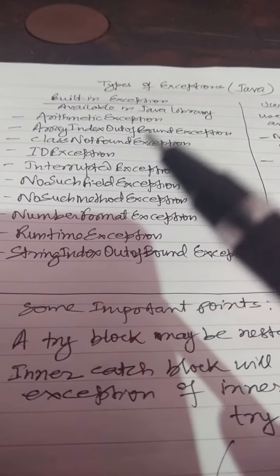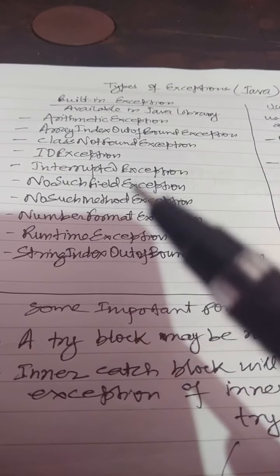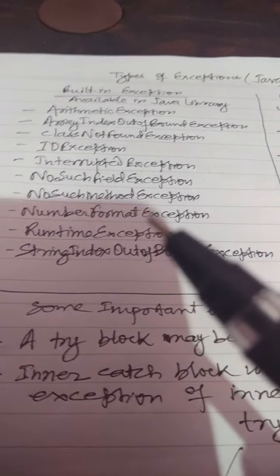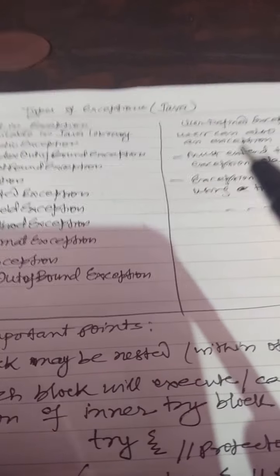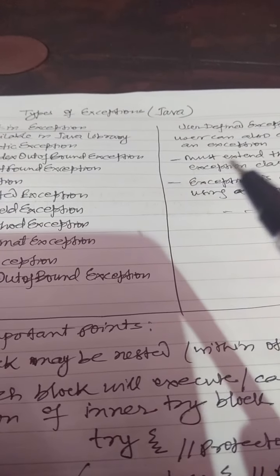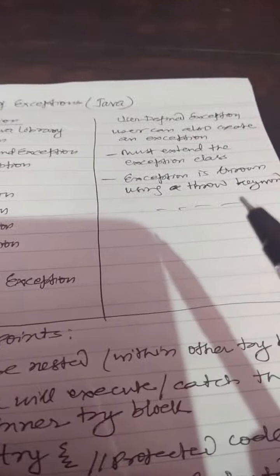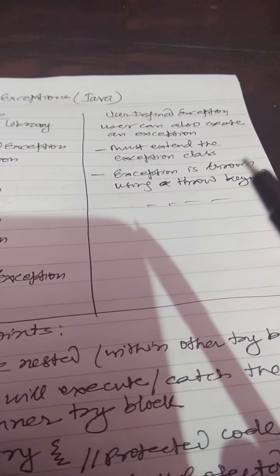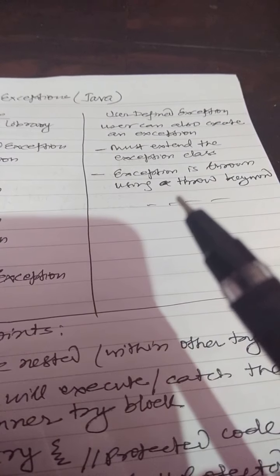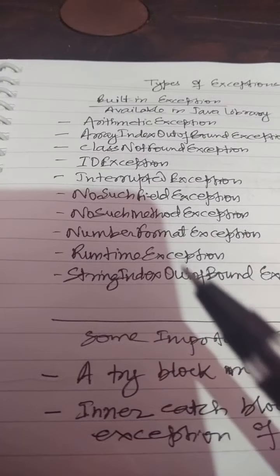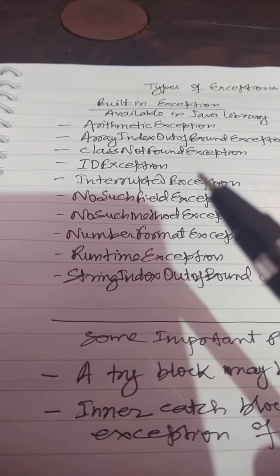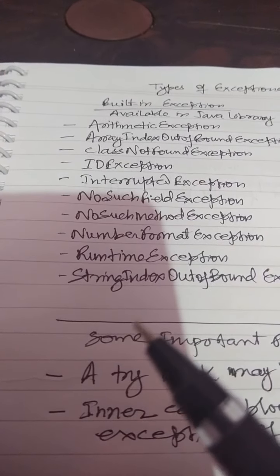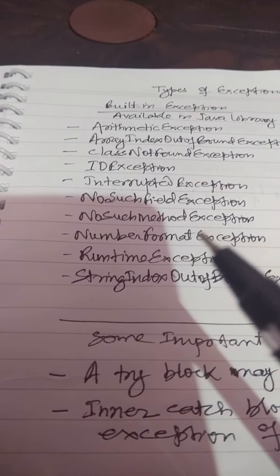A few examples we will try from these built-in exceptions, and at last we will see user-defined exceptions. For user-defined exceptions, one thing is a must: you have to extend the Exception class, and the exception is thrown using the throw keyword. In built-in exceptions, all the exceptions are caught automatically by the catch block. There is no need to write throw.